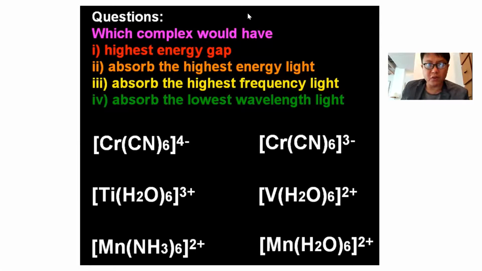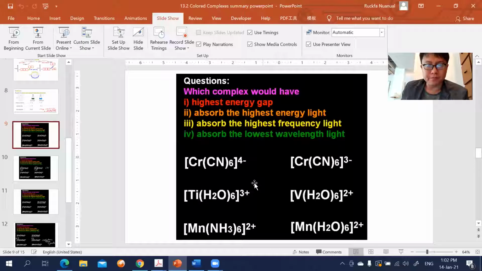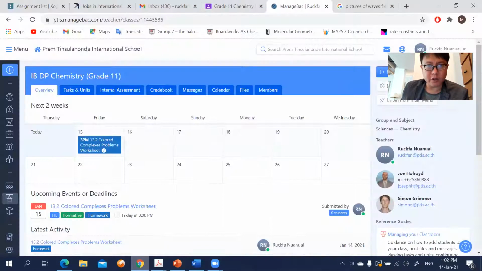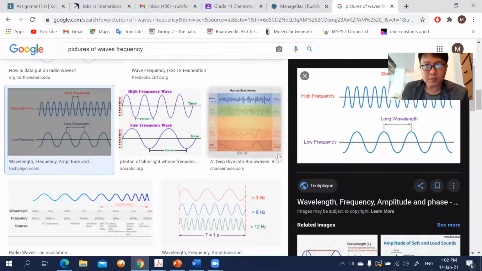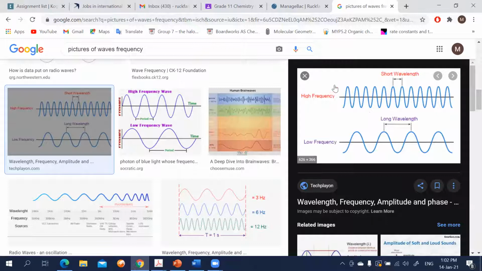So if you can remember, when you look at a wave, and so if I'm looking at this wave here, remember this is very high frequency, short wavelengths. The high frequency means high energy. And then of course, with the longer, wider wavelengths, it is slower, it is less energy and low frequency, okay?